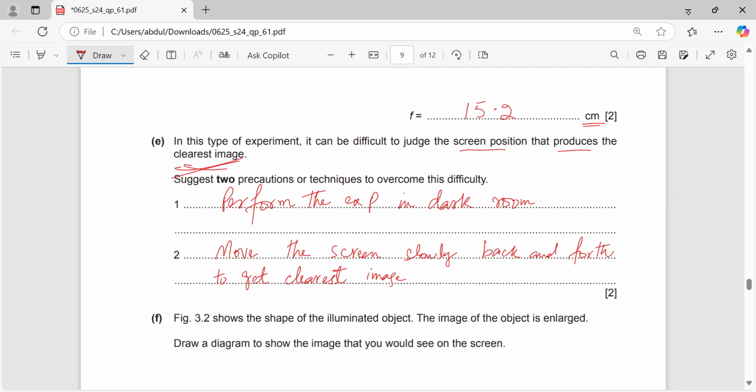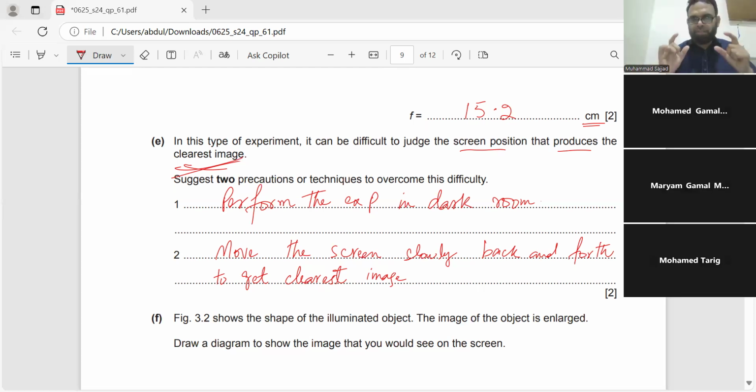Second thing, move the screen slowly back and forth to get the clearest image. A clear image is on a very small point. I can tell you, if you are in front of a photographer, he is not directly taking the image. What is he doing while you are standing in front of the cameraman and the camera is on the stand?